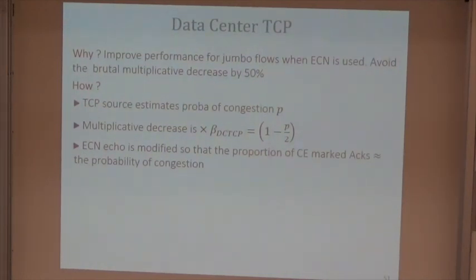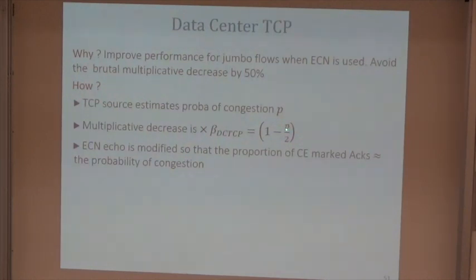the decrease factor. Remember that TCP does multiplicative decrease in the form of multiplying the congestion window by beta whenever a loss is detected. And this beta in standard New Reno or Reno TCP is 0.5. In data center TCP, it is given by this formula.